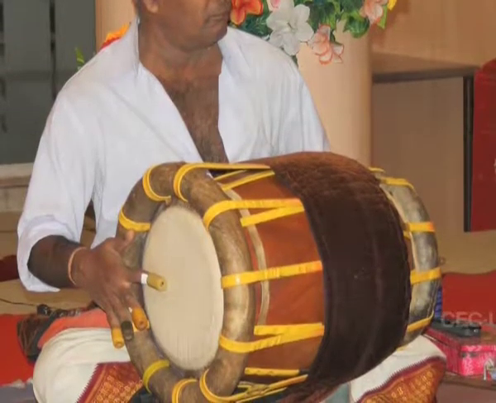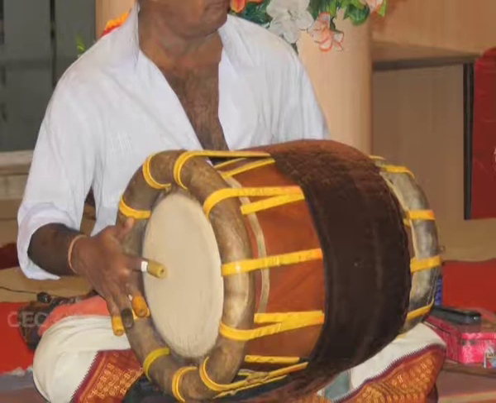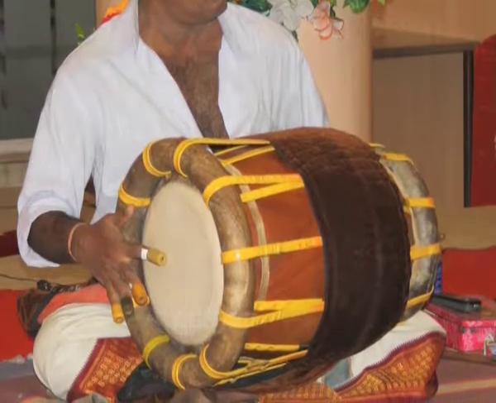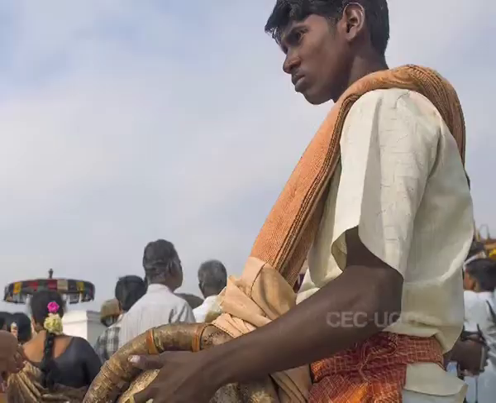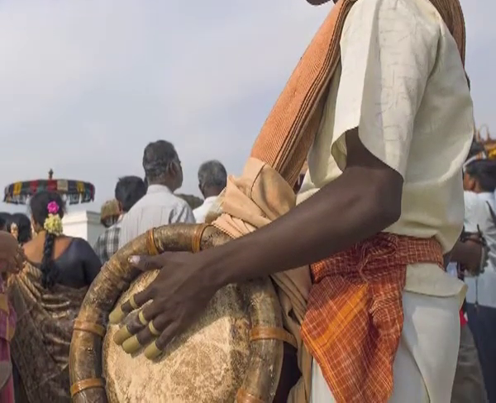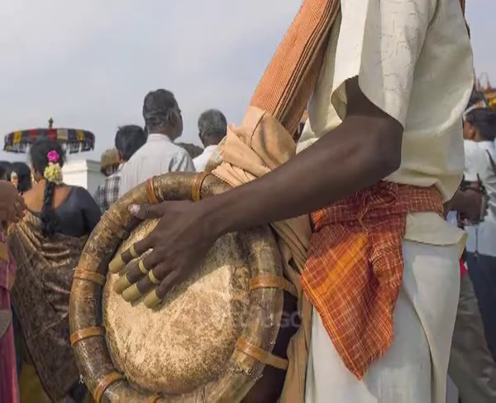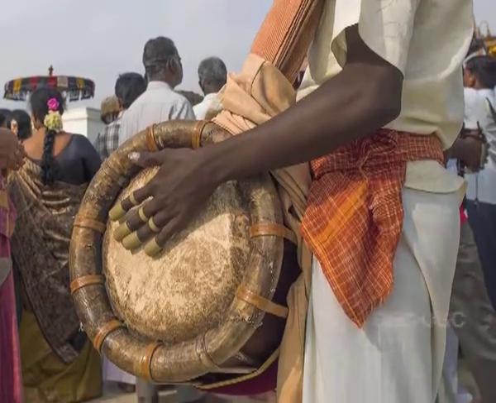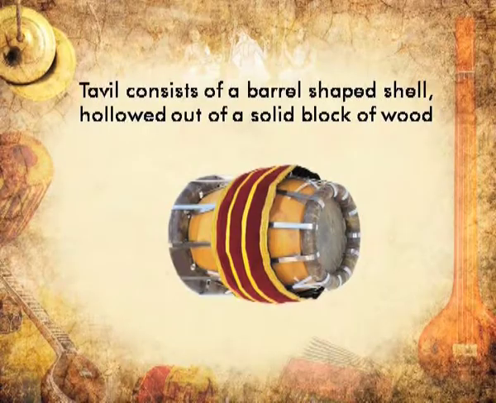The tubble is a membranophone which is the main drum used in the Nagaswaram band. Tubble has been listed as one among the 32 important musical instruments meant for temple rituals. Tubble consists of a barrel-shaped shell hollowed out of a solid block of wood.